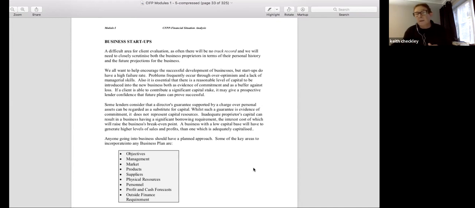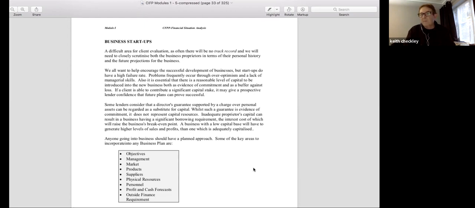Because quite often, starting a small business, it can be quite a slow curve of progress. It could be year 2, year 3, year 4, sometimes year 5 before they really start turning in a profit. So they're going to need a reasonable amount of capital resources to put into the business.